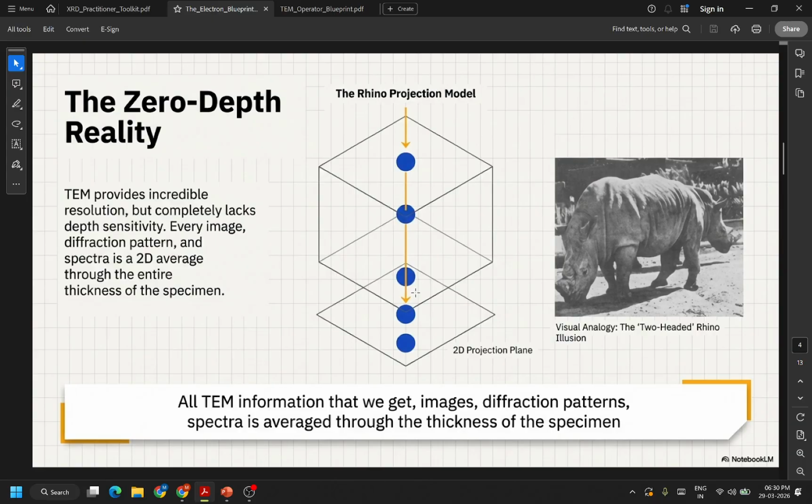To get electron transmission, we have to have very thin samples. They are so thin that they're much smaller than the depth of focus of TEM, and due to that there is no depth sensitivity in TEM. So every image and every diffraction pattern or spectrum in TEM is averaged out across the whole thickness of the specimen.